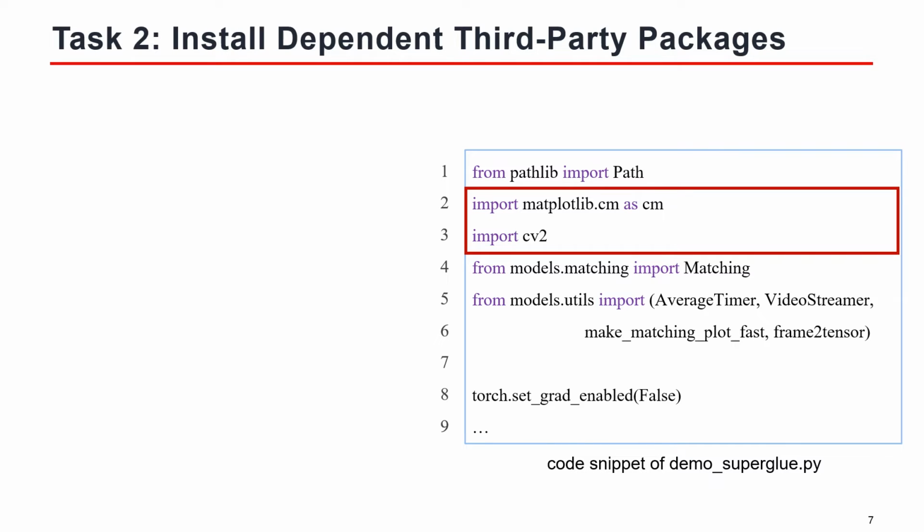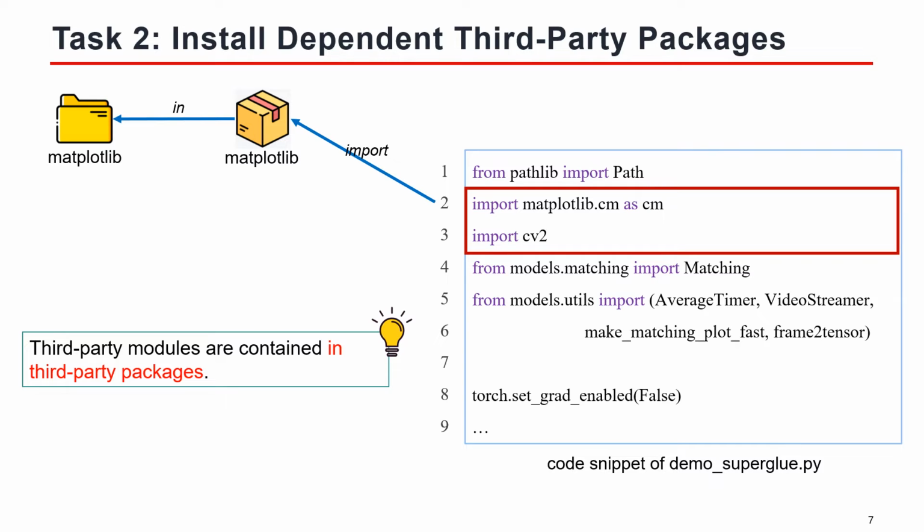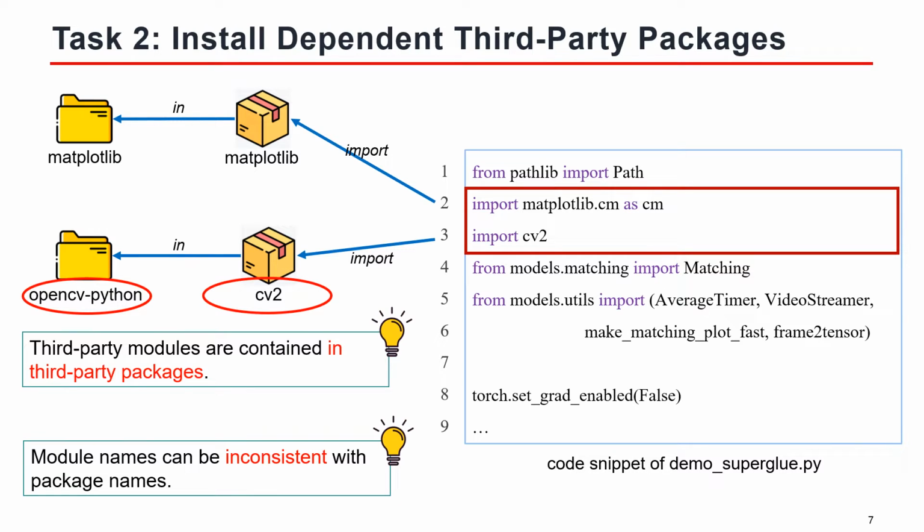Secondly, demo superglue imports matplotlib in line 2, and matplotlib is a third-party module contained in the third-party package matplotlib. And in line 3, demo superglue imports cv2, another third-party module contained in OpenCV-Python. We can find that module names are not always consistent with the package names.